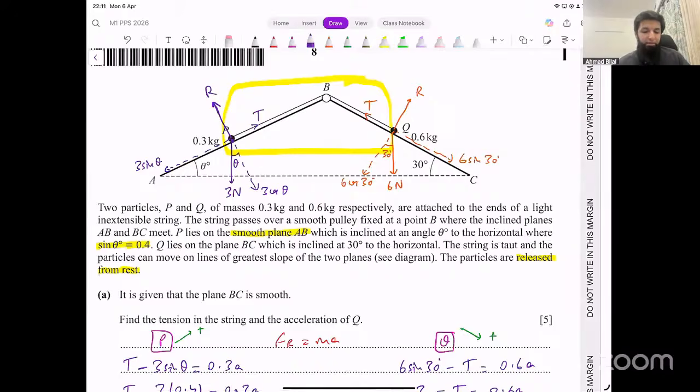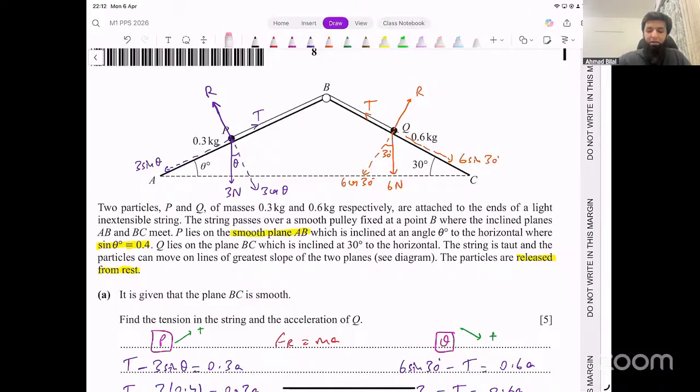Why? Because the angles are different. One of them is 30 degrees and the other is theta. So along the surface, yes, both of them are going to be moving 2 meters, but the vertical change in height is going to be different for both of them. So we would have to find the change in height for both of them separately.